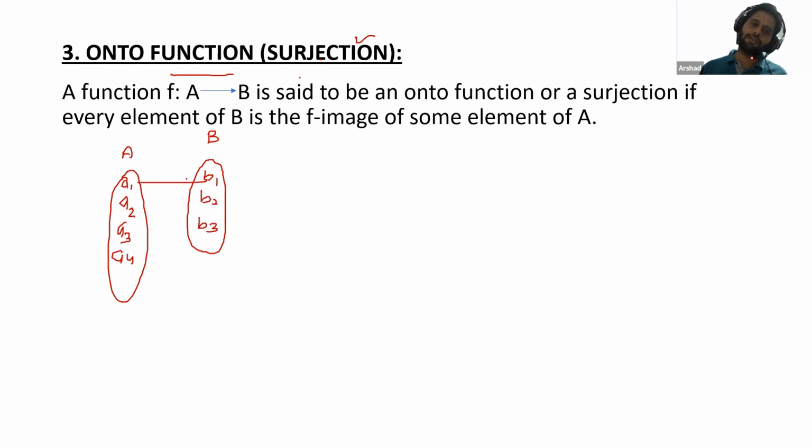Suppose A1 is associated with B1, A2 with B2, A3 also with B2, and A4 with B3. So you need to check this set B. There should not be any element in set B which does not have its pre-image in set A. In simple words, there should not be any element in B which is not linked, which does not have a pre-image in set A.